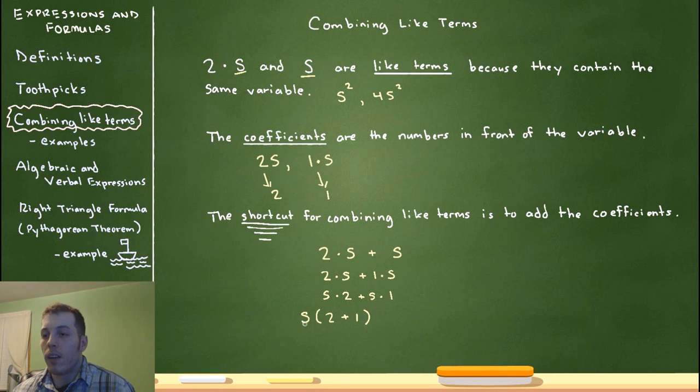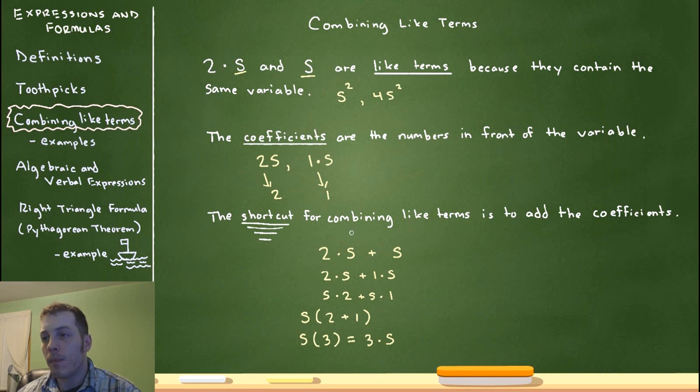Okay, so this is s times 2 plus 1. And now we could do the addition inside of the parentheses here. 2 plus 1, we get 3. Okay, and again, through commutativity, s times 3 is the same as 3 times s.